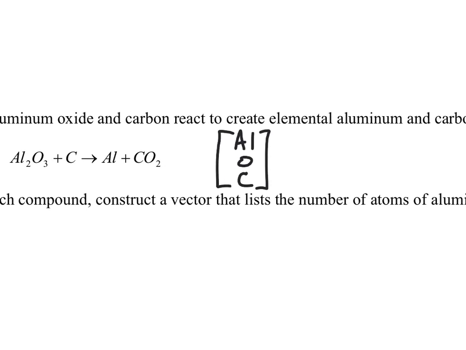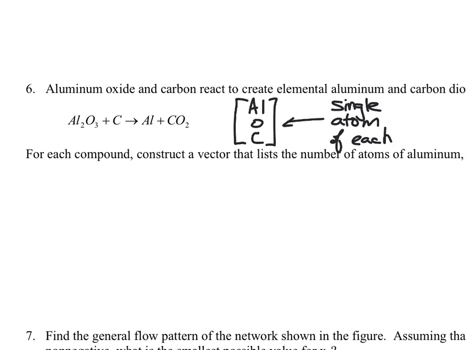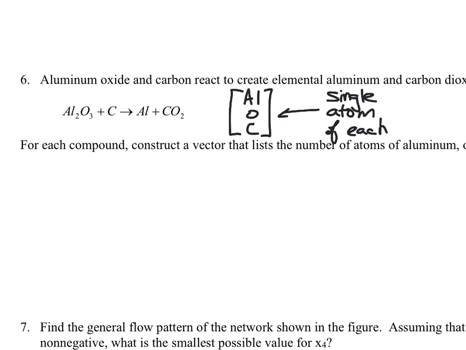You still have aluminum, oxygen, and carbon making up each vector. All right, so a single atom of each. But if you're going to balance the equation, you do need to know how much of each molecule.